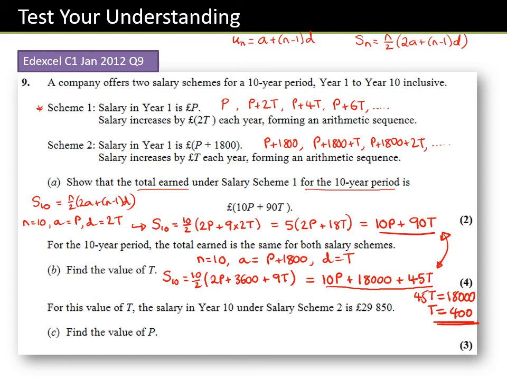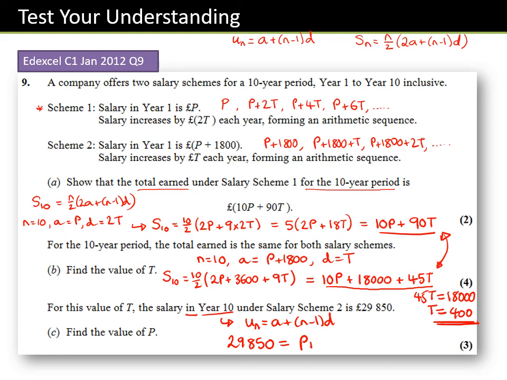Last part, for this value of t, the salary in year 10 is this. So we are looking at the 10th term, u n is a plus n minus 1 d for salary scheme 2. So my 10th term there, 29,850 is equal to a in scheme 2.